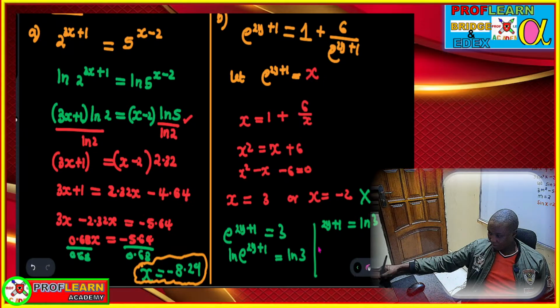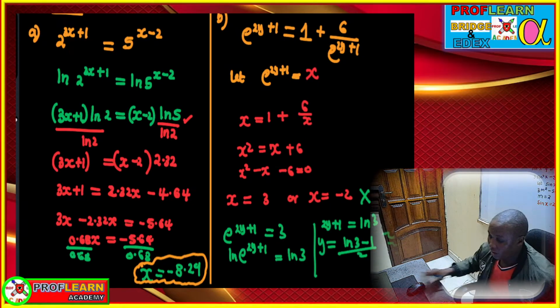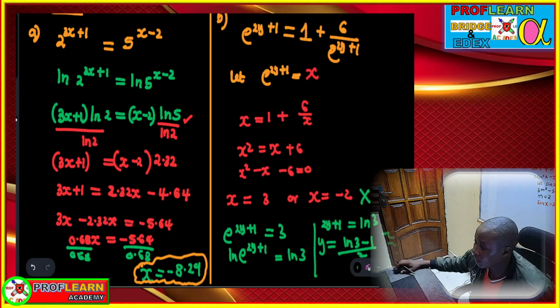We shall take 1 on the other side and divide by 2. We shall have ln of 3 minus 1 over 2 as our final answer, which is approximately, if you put that into a calculator, 0.0493. So that becomes what we expect to get after solving that exponent.